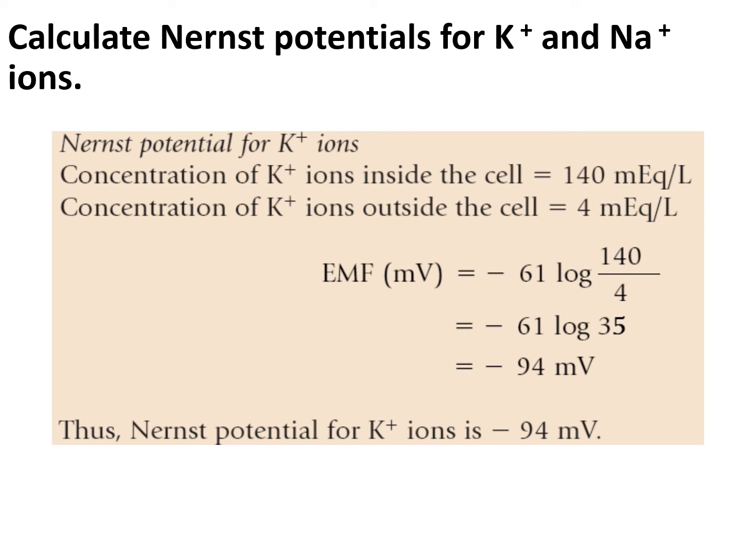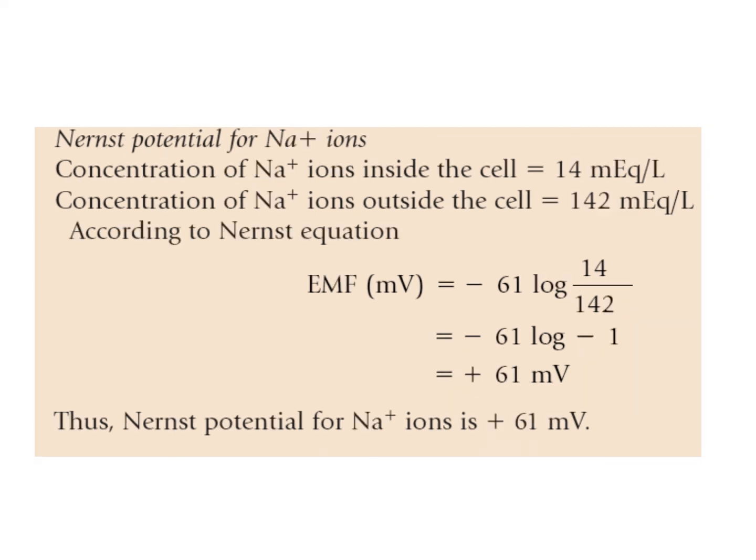So that is about minus 94 millivolts. So the Nernst potential for the potassium ion is minus 94 millivolts. Then the Nernst potential for the sodium ion, with this formula, is about plus 61 millivolts.